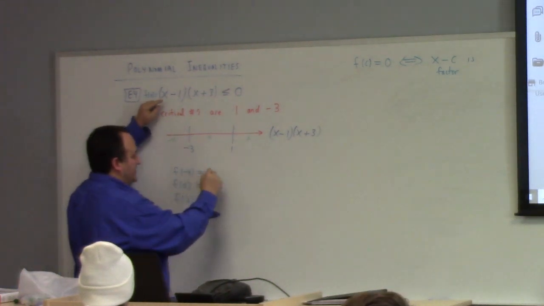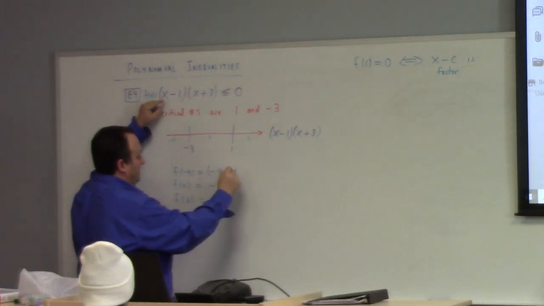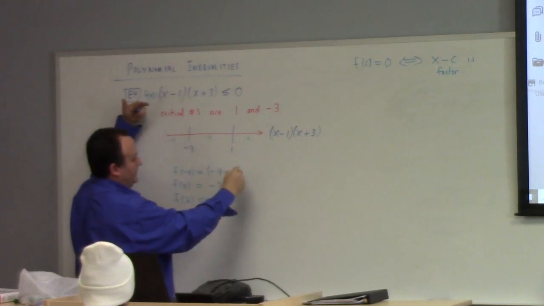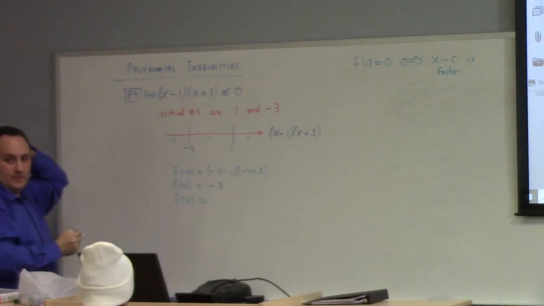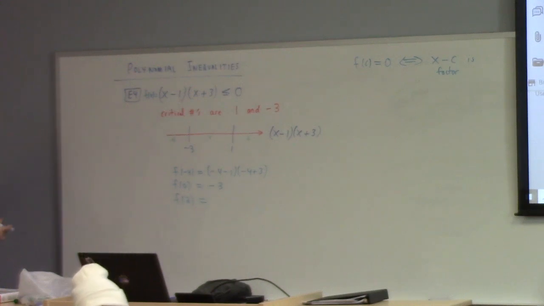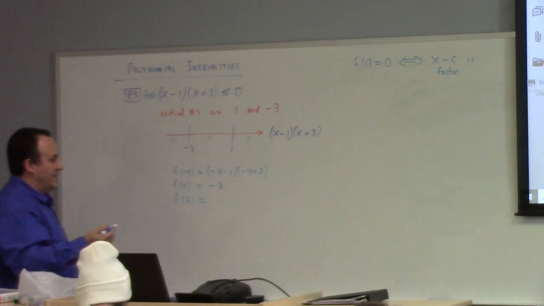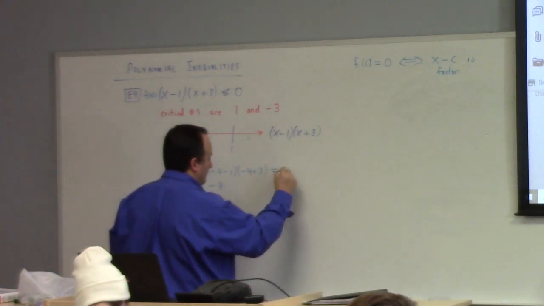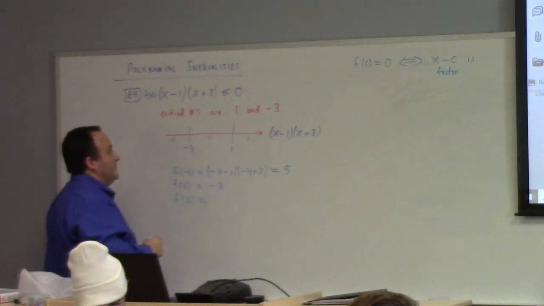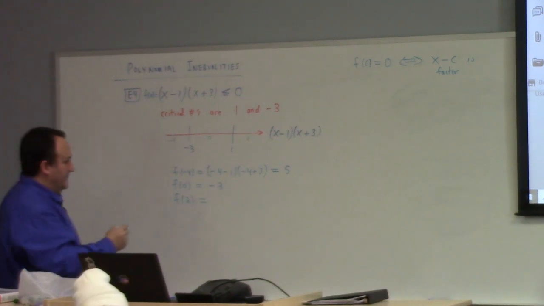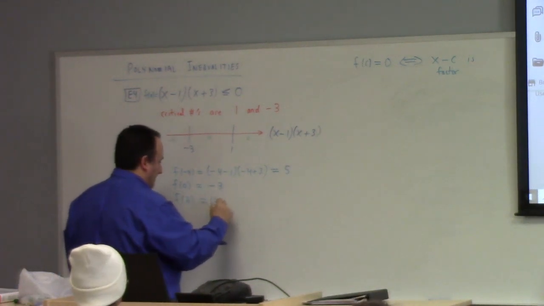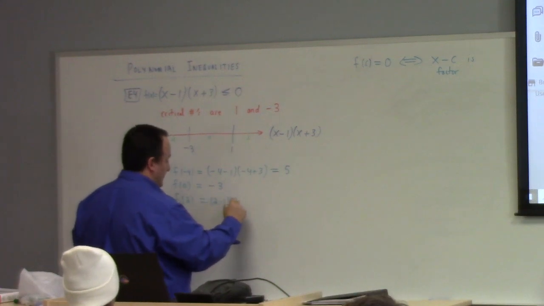I go -4 minus 1, right? You just put -4 in for x, okay? That's what we do. What's going on here? Well, I got -5 times 1, so the answer here is 5. All right. If I plug 2 in, I get 2 minus 1, right? 2 plus 3, what's that work out to?